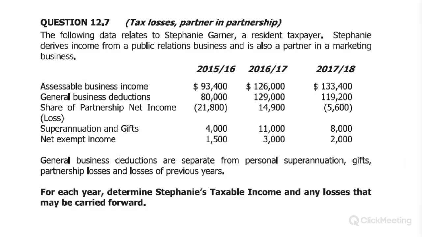That's correct, Kamal. So minus that from the total of the business income. And in this instance, apply that super deduction limit thing that I mentioned before. In this case, you will be able to apply the superannuation and gifts because you're making income, not losses.